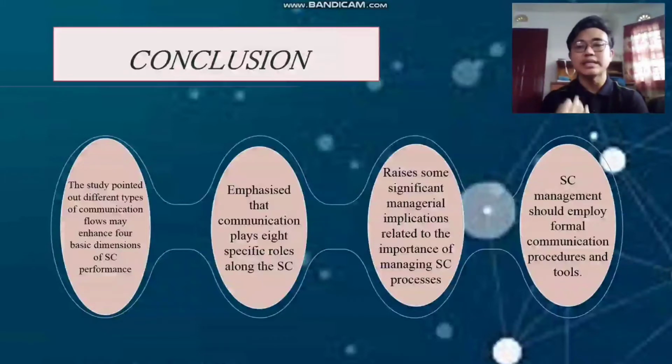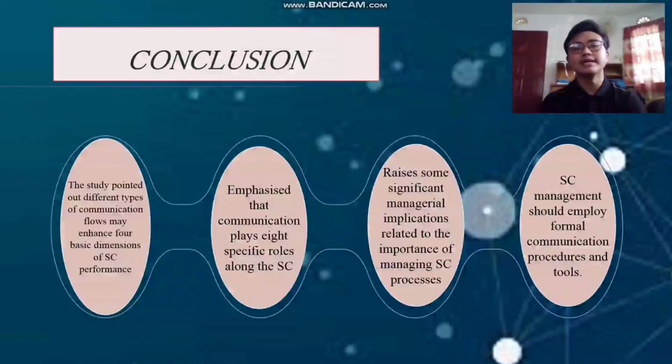There are 3 roles that illustrate the importance of communication flows in supporting the overarching SC strategic phases of identity management and image building. The other 5 roles underline the support communication flows offer to the other typical strategic and operational phases of the SC.